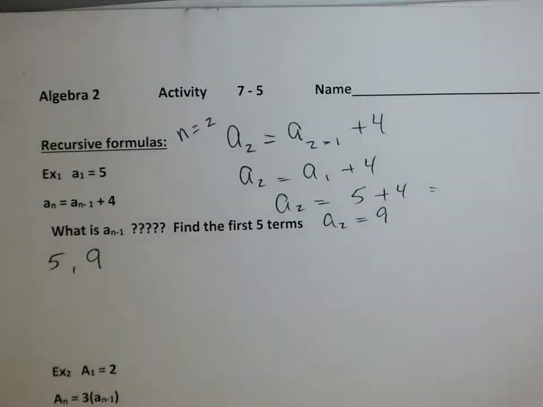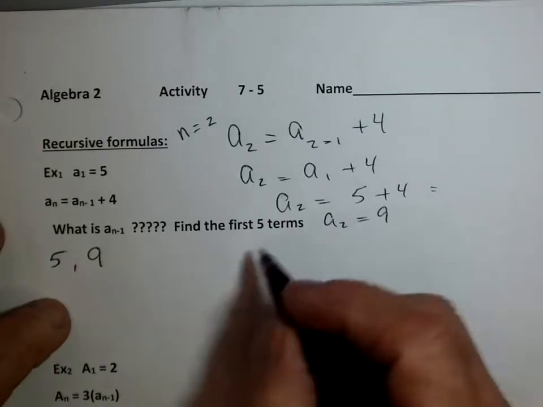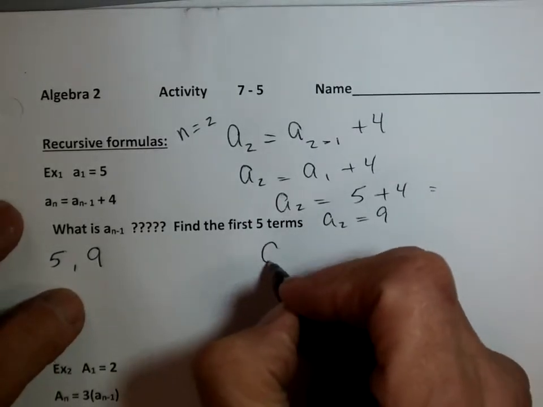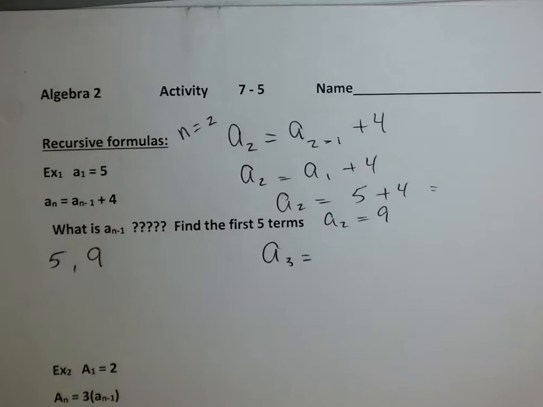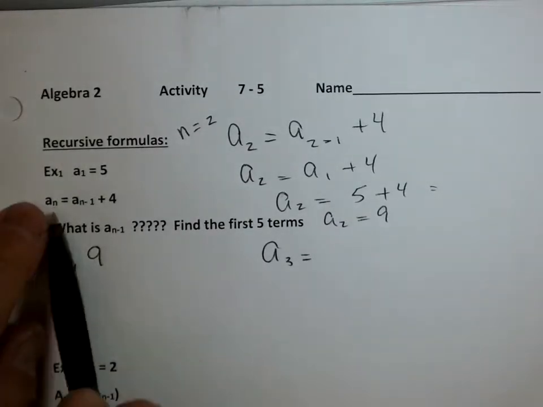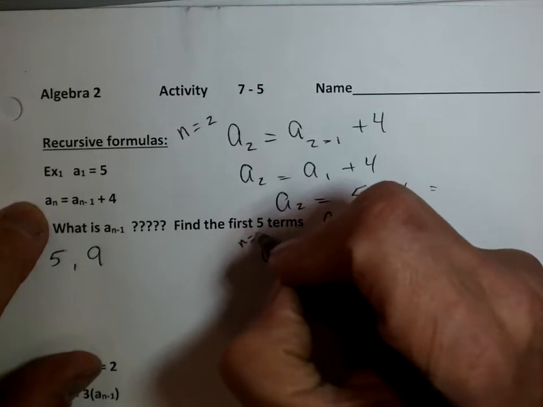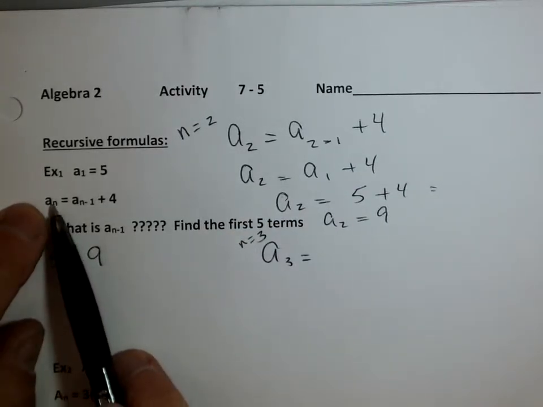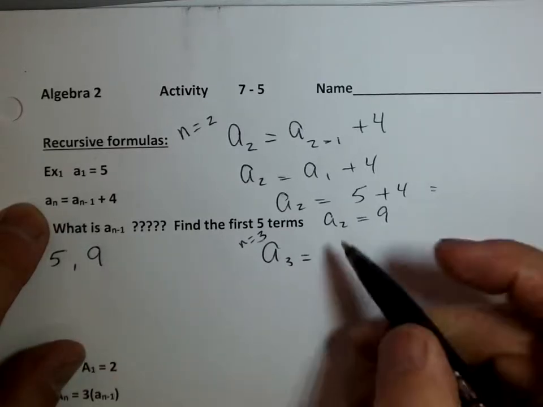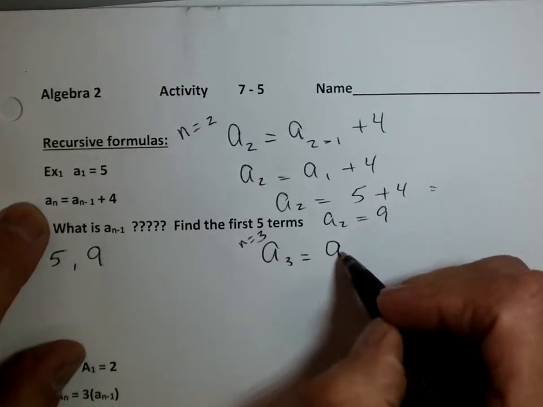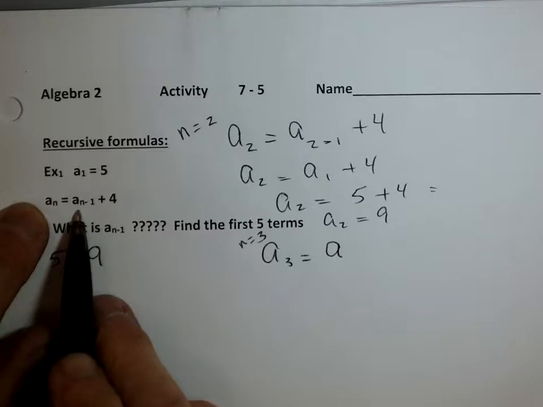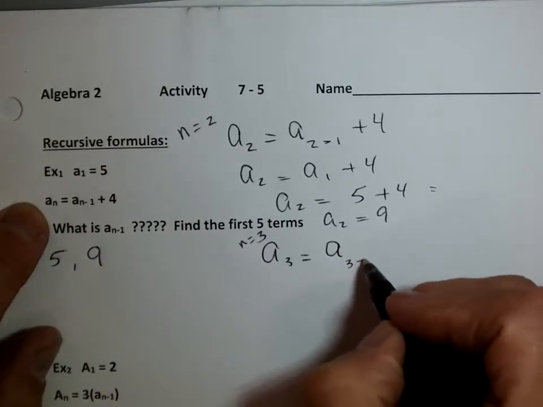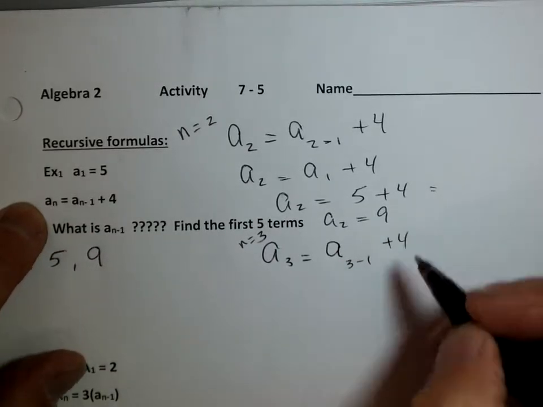Now, if I want to make a3, the third term, in this case n has to equal 3, okay? So I'm going to use my formula. a3 is made by going a to the 3 minus 1 power plus 4, okay?